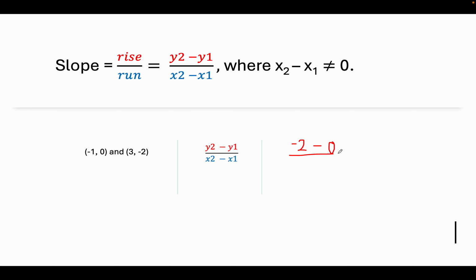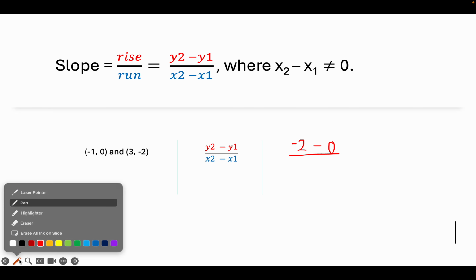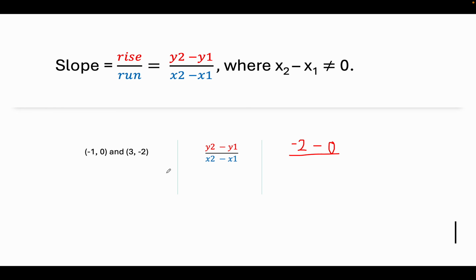And then with my blue, the second x is 3 minus, and it looks like my first x is -1.